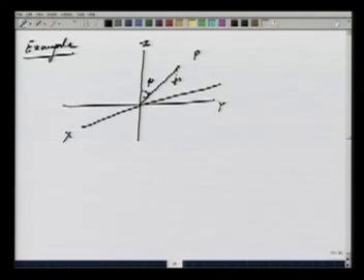Now I project the point on the xy plane. Then this distance I can certainly calculate, since this is phi. If I call this point A, then this angle is 90 minus phi, that is pi by 2 minus phi.